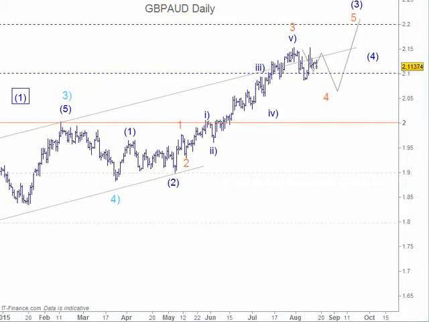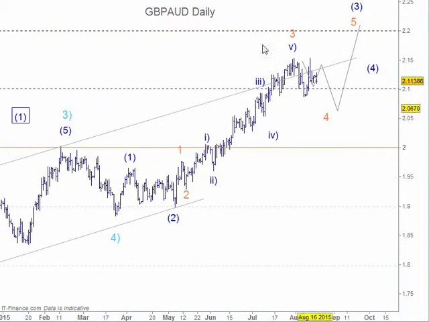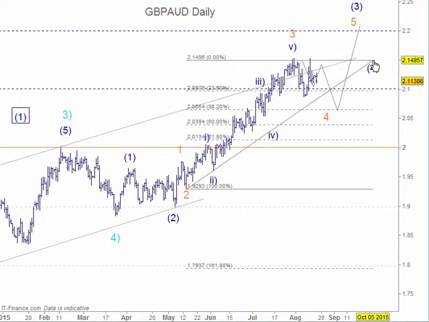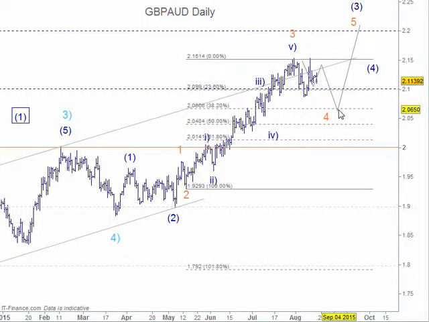Let's go to the Pound Aussie for a second before I go to the Euro Aussie. Just on the daily chart here, we're looking at a corrective pattern at the 21, and the 38.2 retracement level is actually lower, down at this point here.